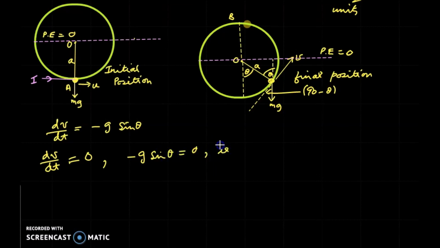That is, sine theta equals 0. That is when theta equals 0 or 180 degrees. At this point, when the particle is at this point, the tangential acceleration is 0. Also, it is 0 when the particle is at B.